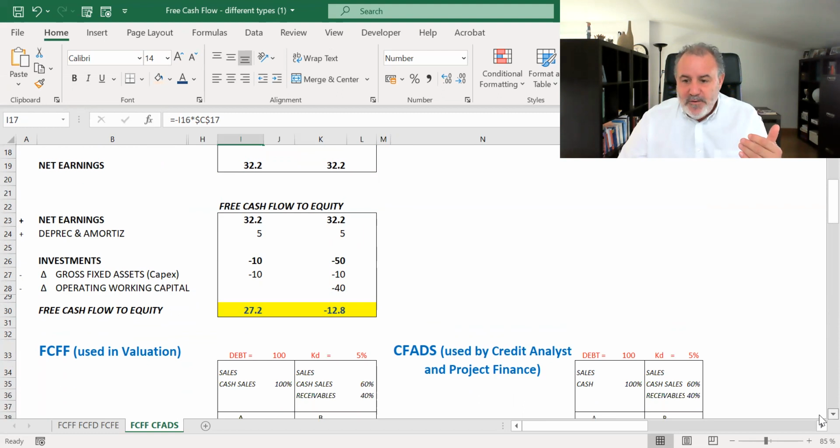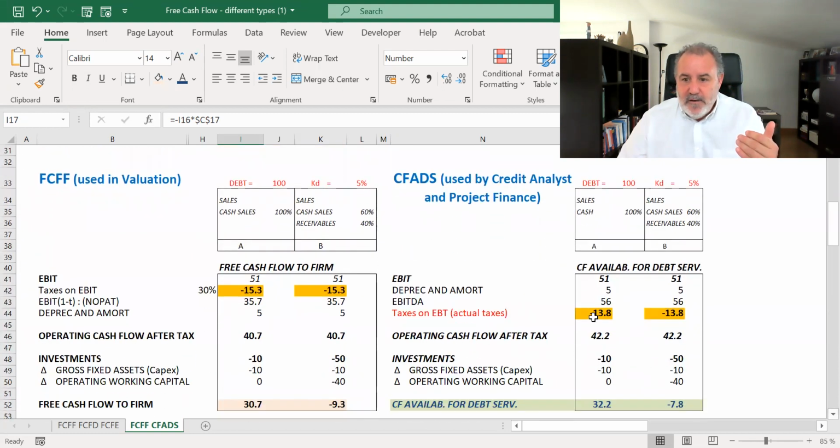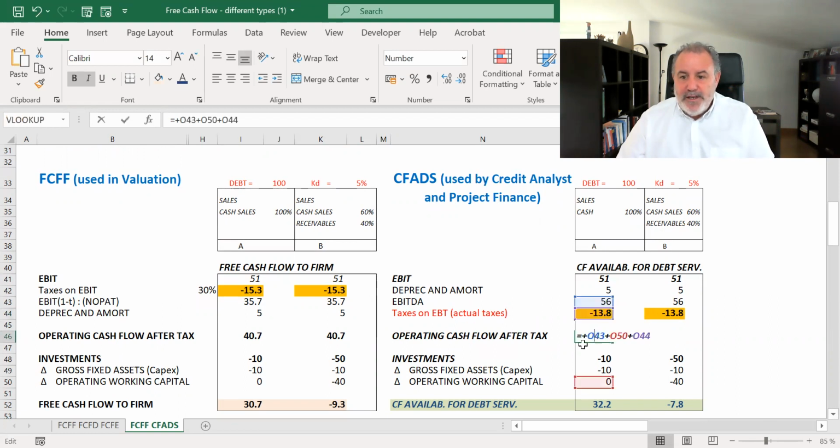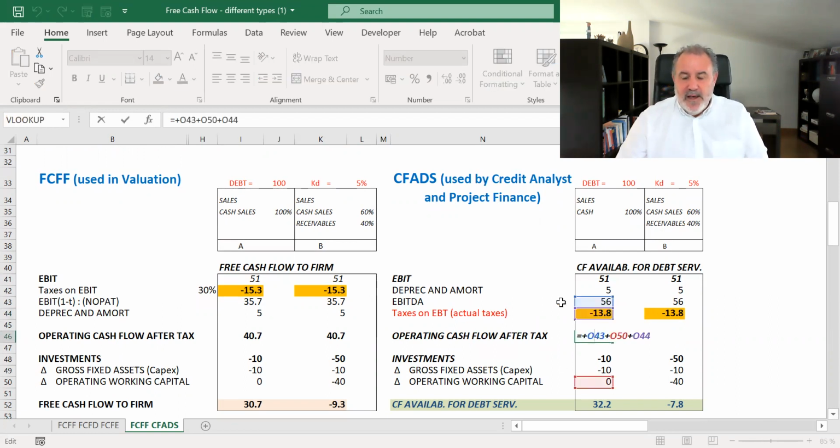So if I calculate here, my operating cash flow is EBITDA plus 050, which is the operating working capital, minus the taxes, right?